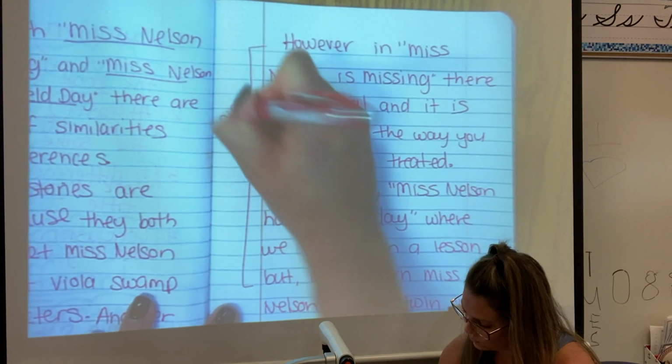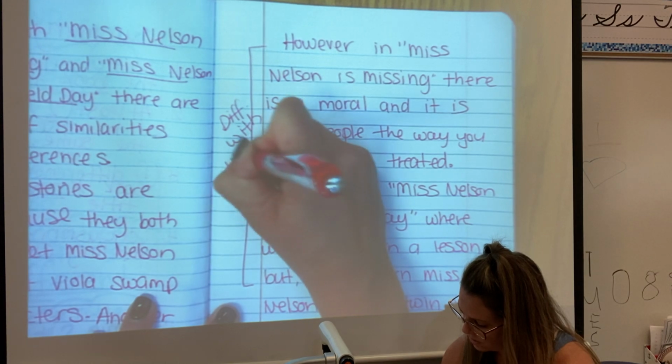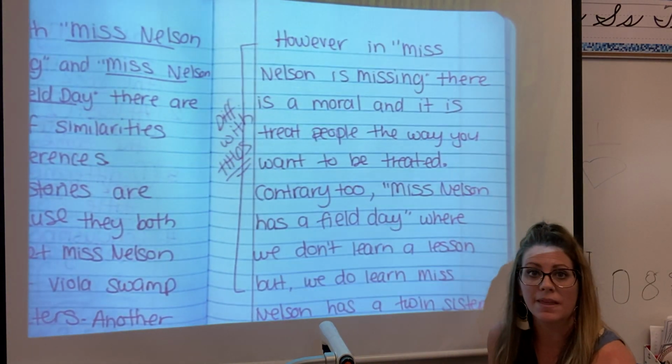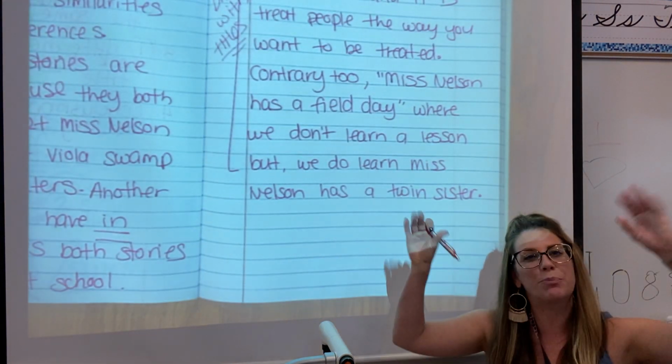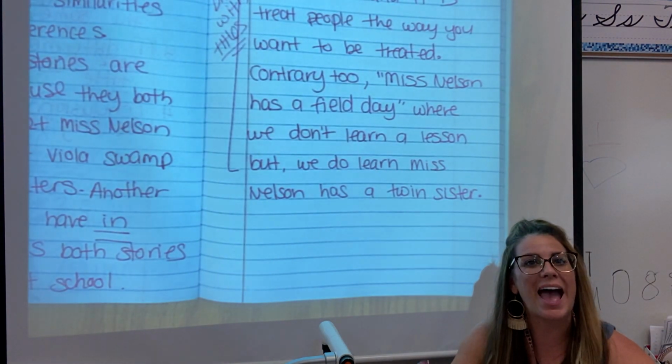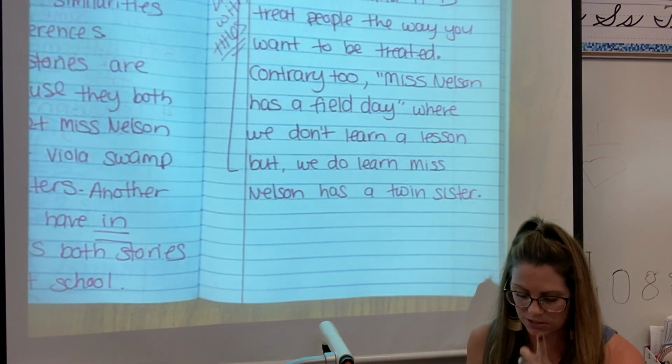Difference with titles of the books. Better be in there. And then, do you remember what our last one is? Oh, we want to tie it up with a pretty bow and have it end very nicely with a thought or a feeling.